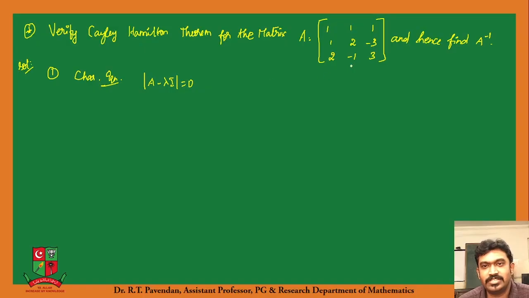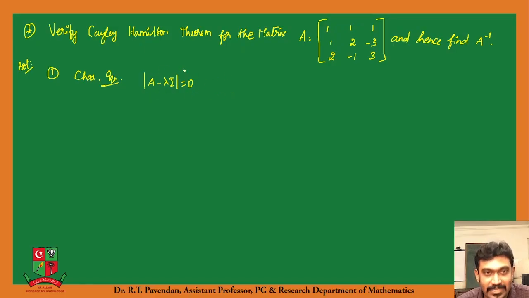The given matrix is a 3 cross 3 matrix. So our identity matrix is going to be 1 0 0, 0 1 0, 0 0 1. It is also a 3 cross 3 matrix. We multiply that with lambda, a scalar, and we get lambda 0 0, 0 lambda 0, 0 0 lambda.